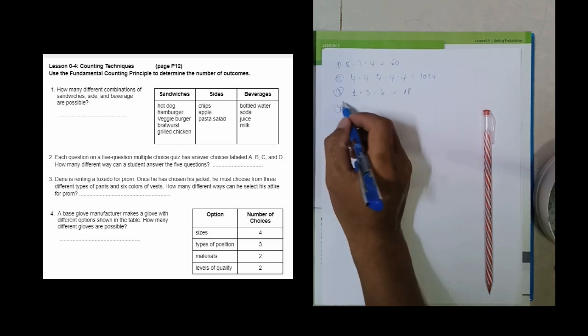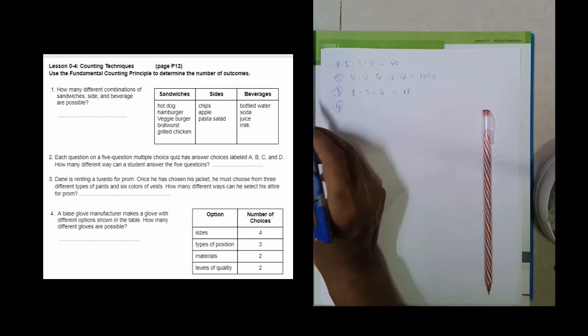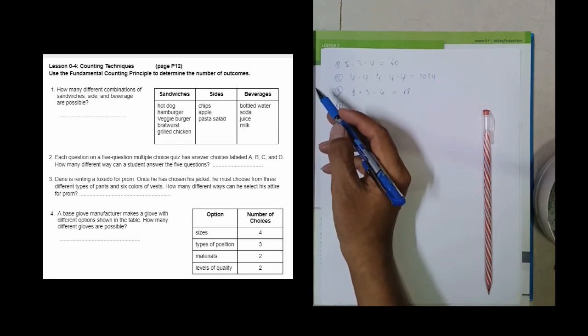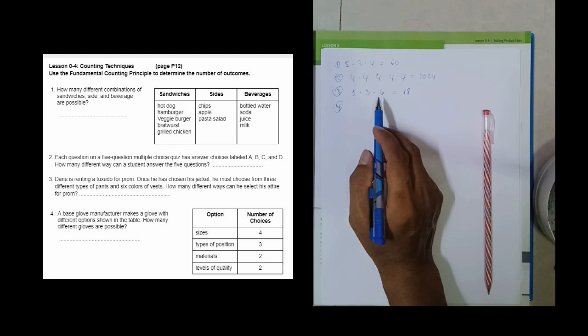Number 4. Looking at the table again, they have all these options, sizes, and different choices. For size you have 4 choices, types of position you have 3 choices, materials you have 2 choices, and levels of quality you have 2 choices. In this case you might get confused with the options and the number of choices, but it's not the case.